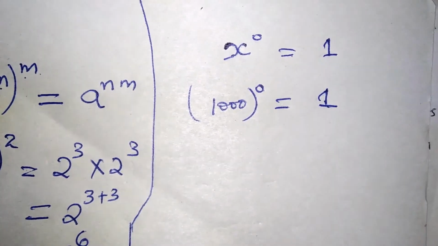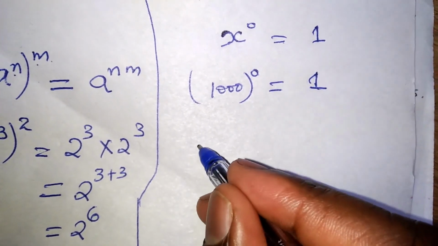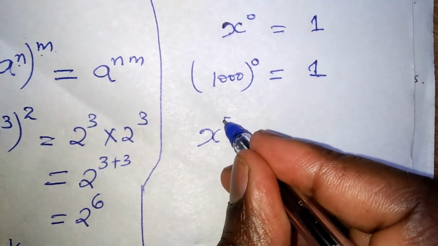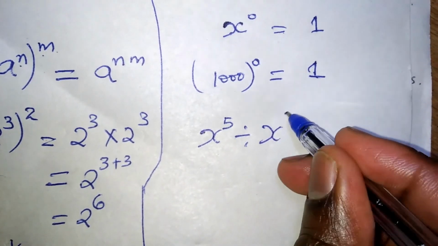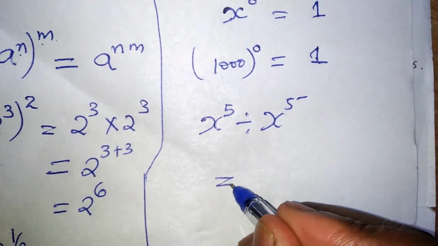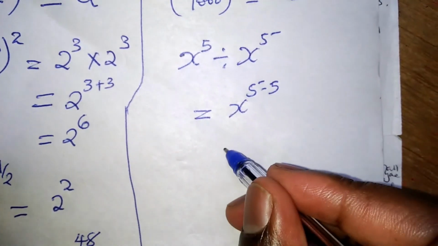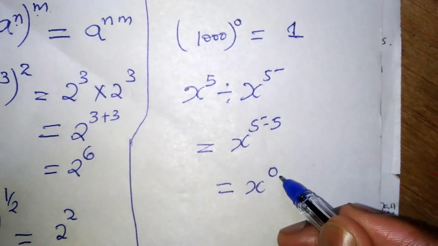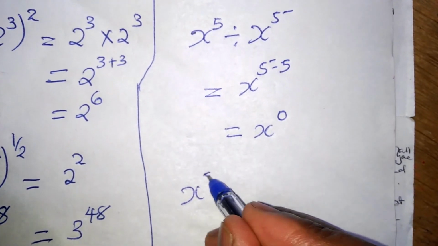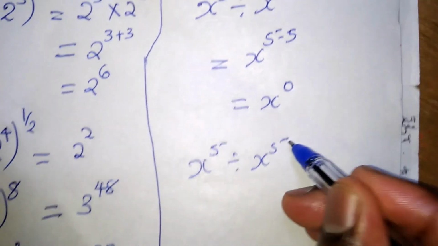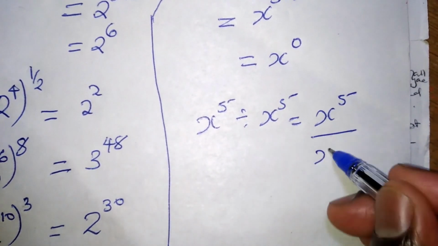Now, we can prove this to help us understand how that comes about. Really, if we have x^5, for instance, and we are dividing by x^5, what you expect is x^(5-5), which is simply equal to x^0. But if you look at it in another way, x^5 divided by x^5 can be written as x^5 over x^5.